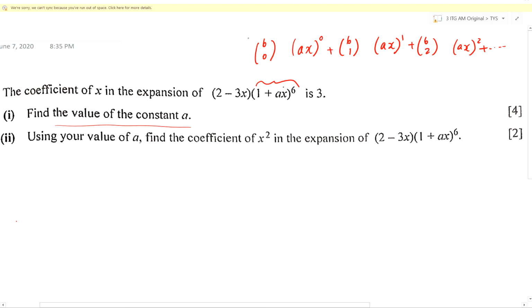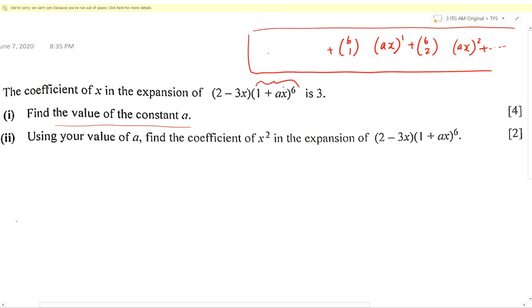So now, the expression on the right looks like this. I'll simplify it to become 1 plus 6ax plus 15a squared x squared and so on.